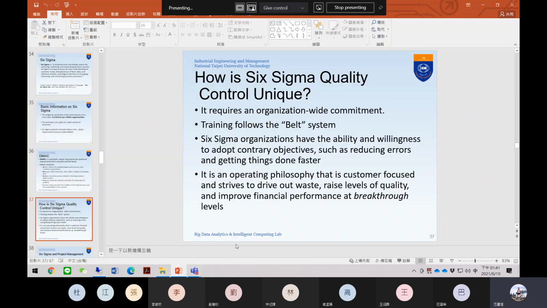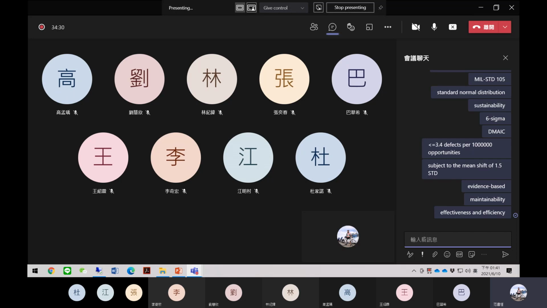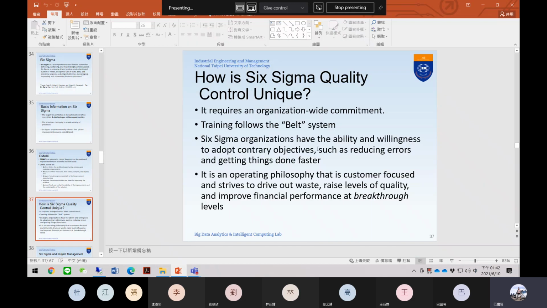It is an operating philosophy that is customer focused and always strives to drive out waste, reduce the cost, and raise the level of quality. This is called service quality, the service level. It raises the level of quality and improves financial performance at breakthrough level.